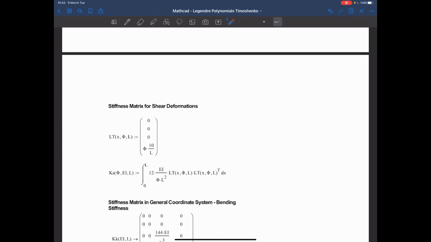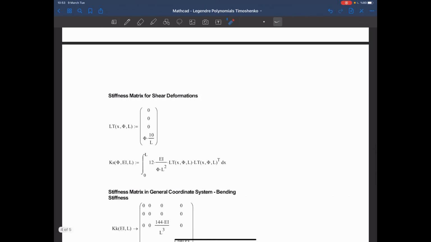Now the difference here is I show this BS or LT matrix in the vector form, but in the derivation we just show it in the column form. So that's why the transposes change and switch places, but it's the same thing. So anyway, that's the BS matrix. That's the way we calculate the stiffness matrix in terms of the general displacements.